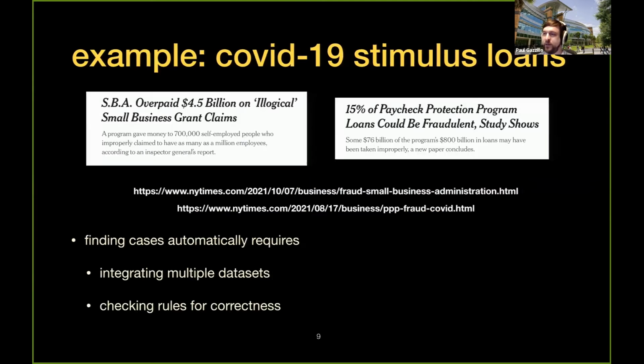So to see a recent example of why this is such a tricky problem to deal with and why current government agencies aren't using automated approaches, during the recent COVID-19 stimulus legislation, billions and billions of dollars were given to small businesses.